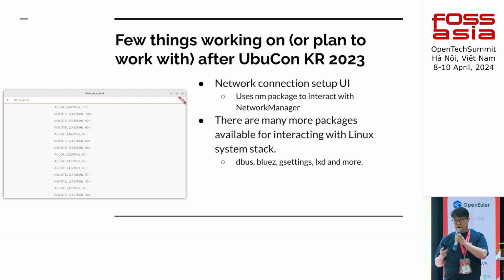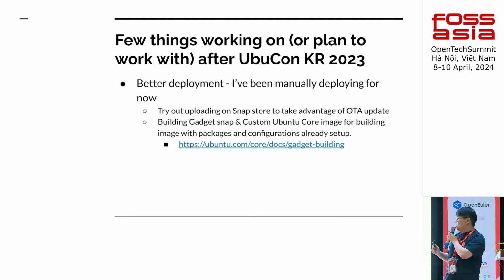And there are actually many packages available already that allow you to interact with the Linux system, something like DBus, Bluez, and much more. I'm also thinking about how I can deploy much better.